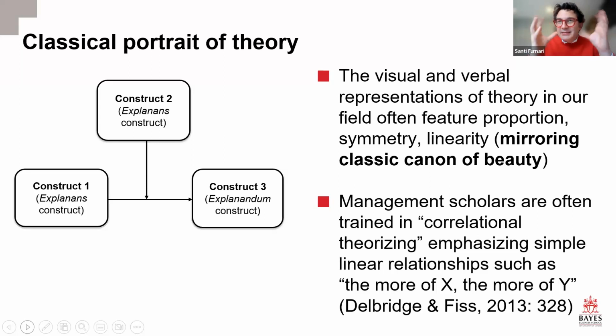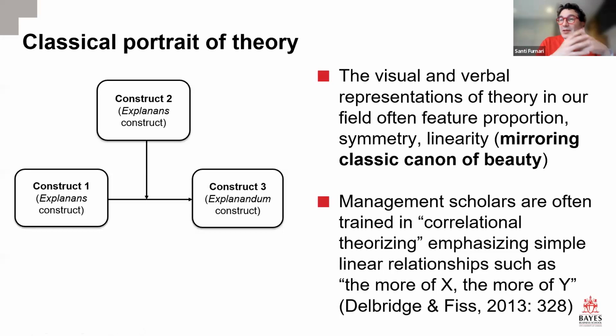Those are, as I said, I'm over-generalizing here, I'm over-stereotyping if you want, but those visual and verbal representations of theory often feature symmetry, linearity, and a level of proportion in a way that is somehow similar to the classic canons of beauty. Now, think about the statement, the more of X, the more of Y, right?